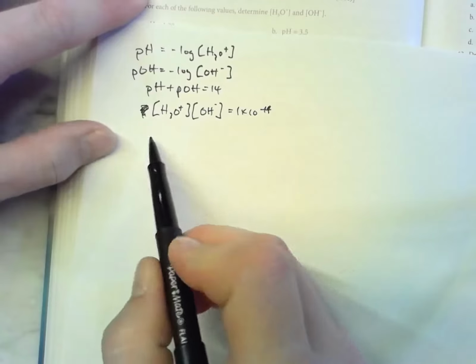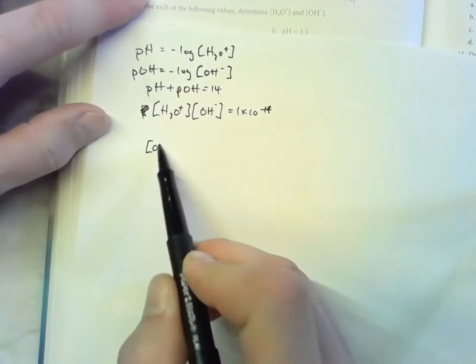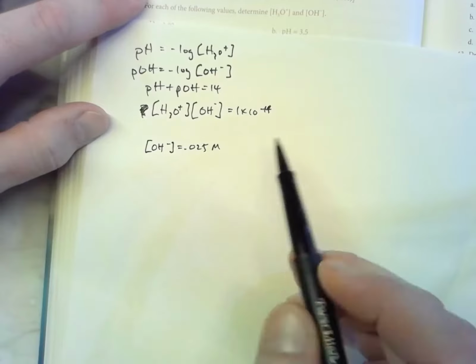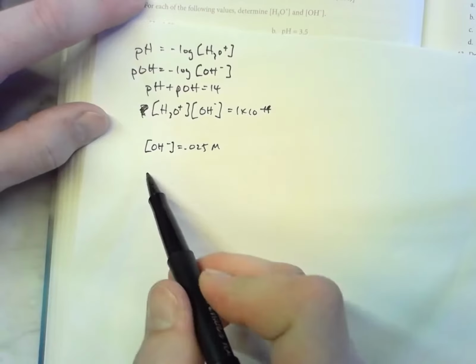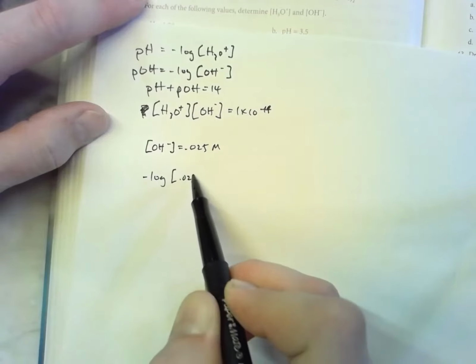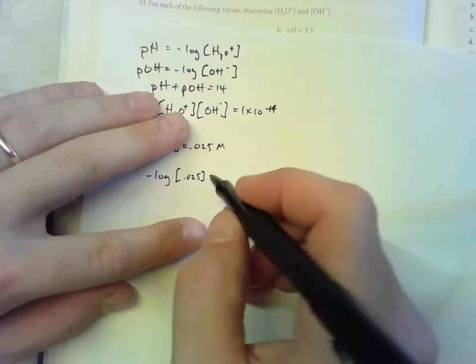You need to know that the concentration of NaOH is 0.025 molar. That means the concentration of OH minus is equal to 0.025 molar. And then you get the pOH, we would say negative log of 0.025. And we get 1.6.